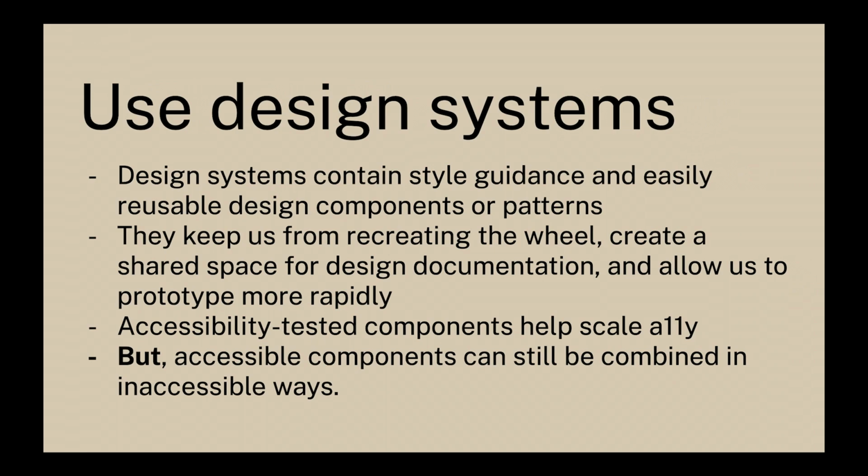But the other benefit is that if you have individual parts of the design system, say an individual component for a text input field, or a drop-down, or an accordion, or a call to action link, those components, if they're built in code, can be accessibility tested and then reused in the future. That scales up accessibility across your digital properties if you're using the same code for the same individual components over and over.